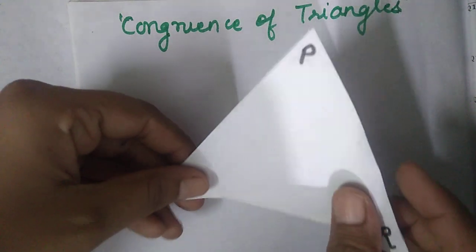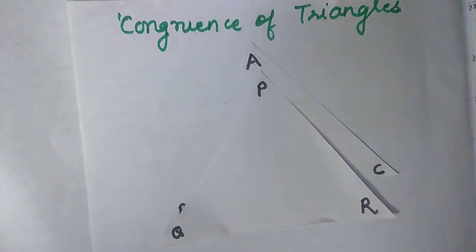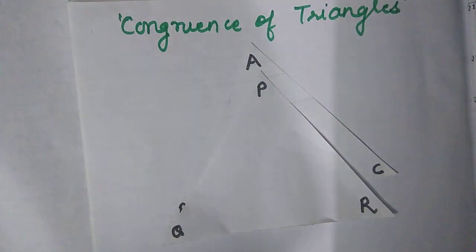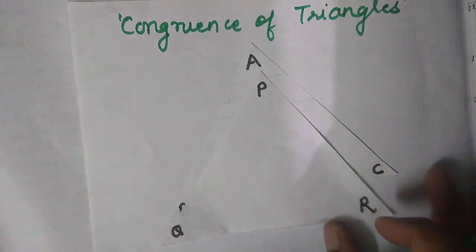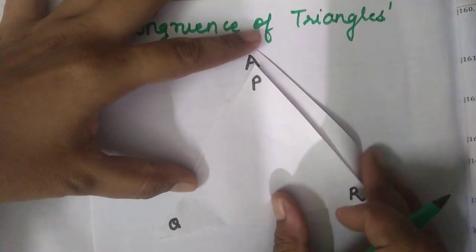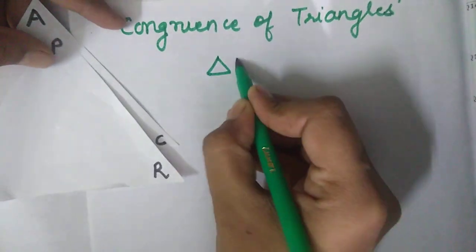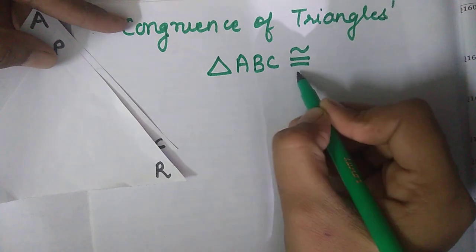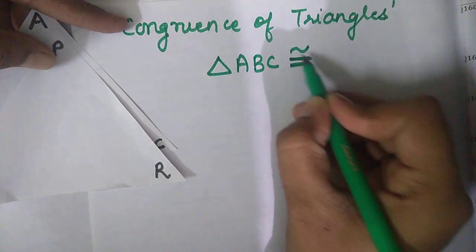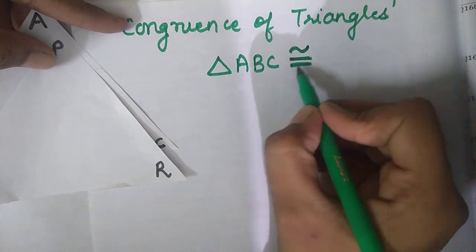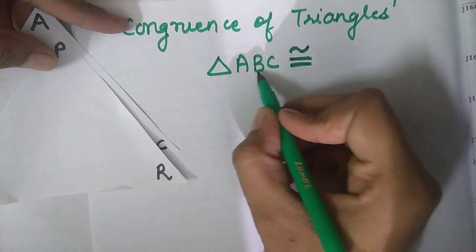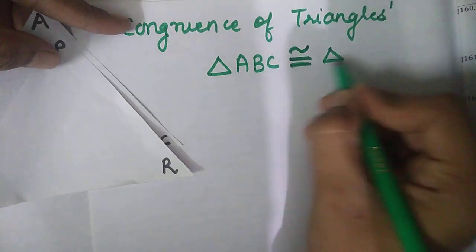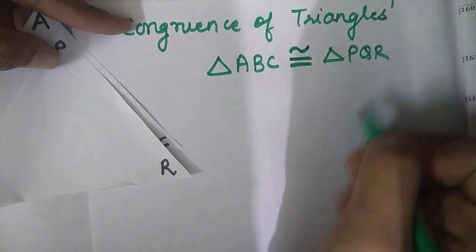And how do you express this in writing? How do you say that triangle ABC is congruent to triangle PQR? It is written as triangle ABC, then this sign of congruent, then triangle PQR.